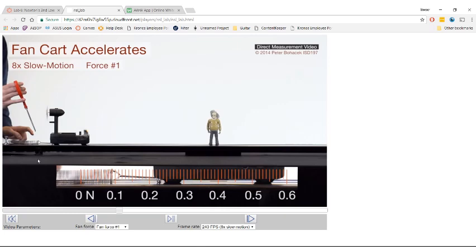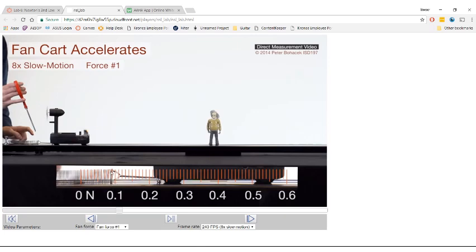And so to get my fan force, I go down here to where it's zoomed in on the spring. I find the front edge of the spring, and I read off the number of newtons. So this line right here is 0.1 newtons, but the spring is at one line before that.